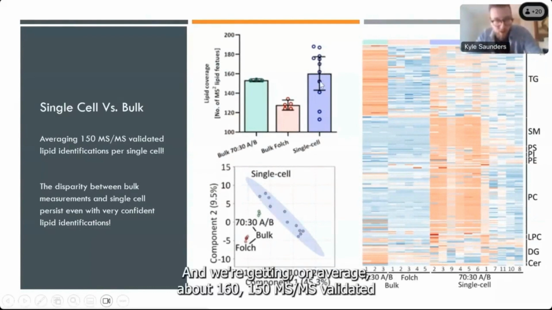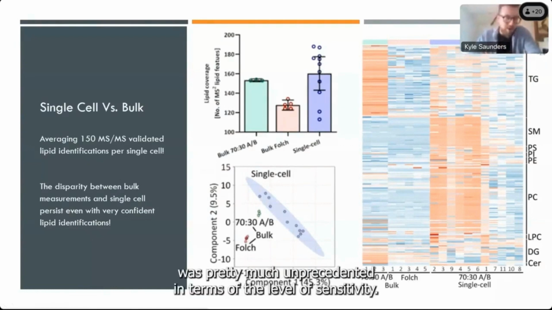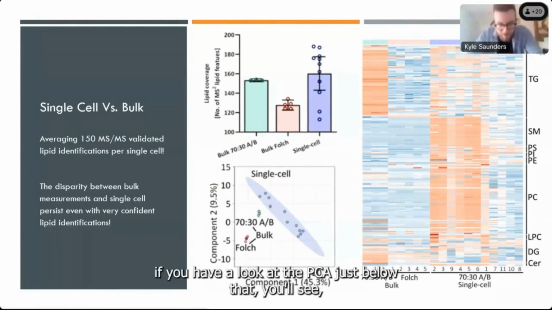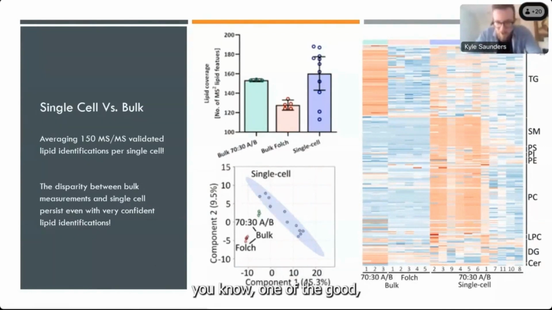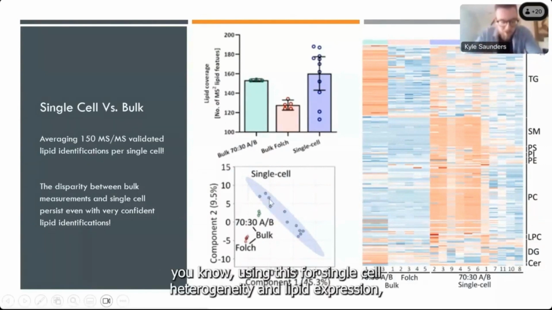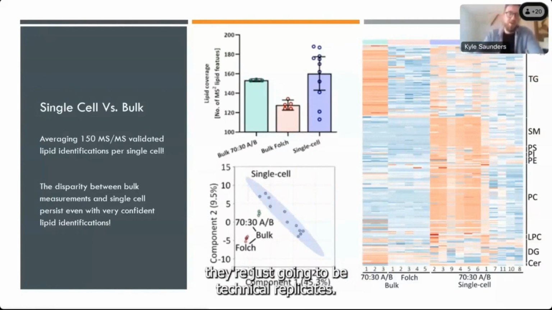And we're getting, on average, about 150 to 160 MSMS validated lipid identifications per single cell, which at the time was pretty much unprecedented in terms of the levels of sensitivity. If you have a look at the PCA just below that, you'll see one of the demonstrations of using this for single cell heterogeneity in lipid expression, because if you do replicate injections of your bulk, for example, they're just going to be technical replicates.